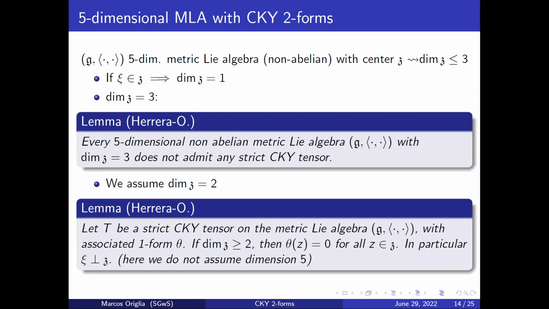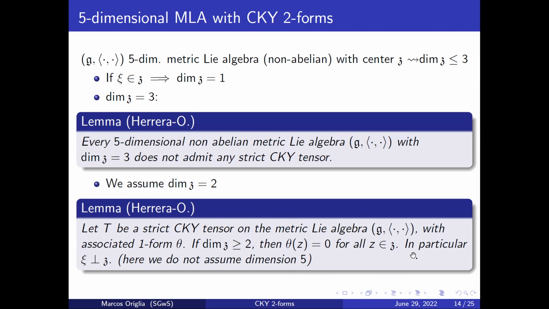And in this case, we have this result which actually holds in general, not only in dimension 5, that if you have a strict conformal Killing tensor and theta is the associated one form, if the dimension of your center is equal or greater than 2, then the center is in the kernel of this one form.